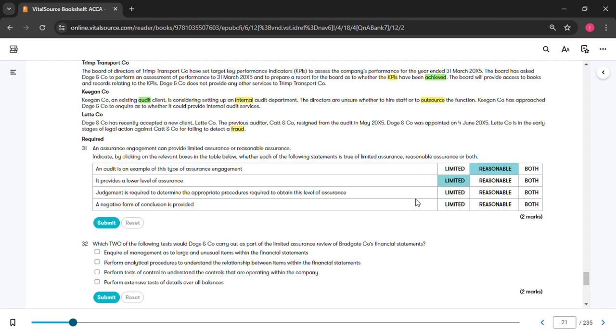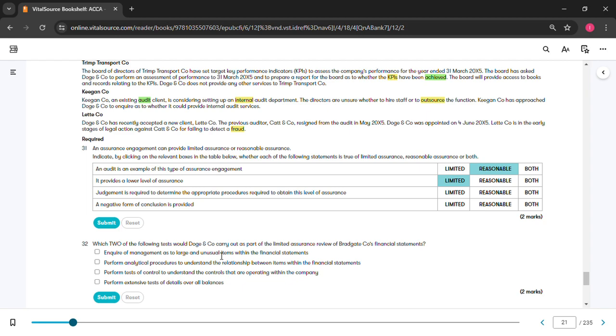Judgment is required to determine appropriate procedures. Judgment is needed to determine procedures to obtain the level of assurance. When you need judgment, the judgment may be right or wrong, limited or reasonable. Before that, in limited assurance, you have some points to be clarified, but once you have done the procedures, the points will be cleared.